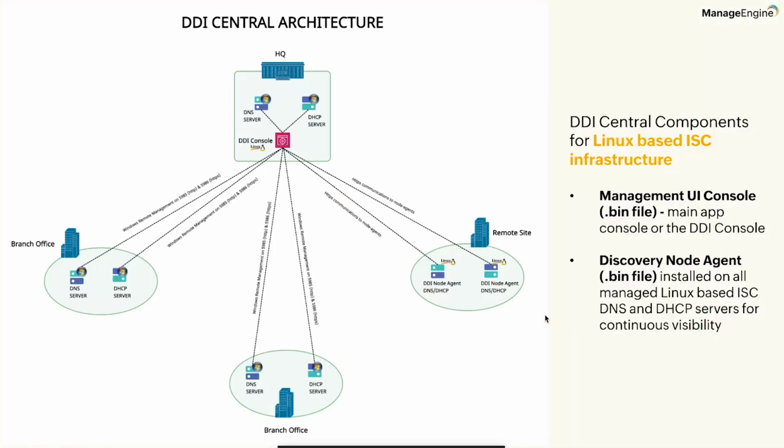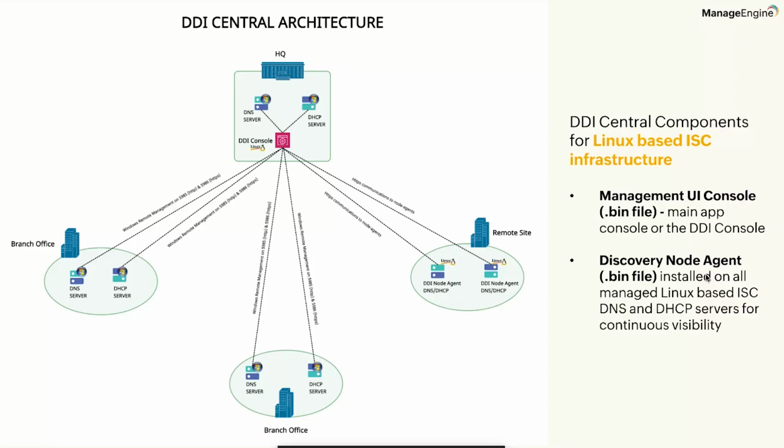Let's quickly dive into the DDI Central architecture. It has two components, as I told you before. The management UI console, which is the central server through which you'll be able to have a unified visibility of your local and remote DNS and DHCP clusters. The Discovery Node Agent is a lightweight software that has to be deployed on all your onboarded DNS and DHCP servers.